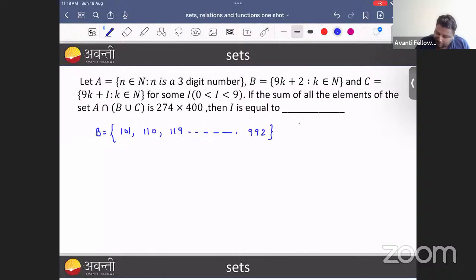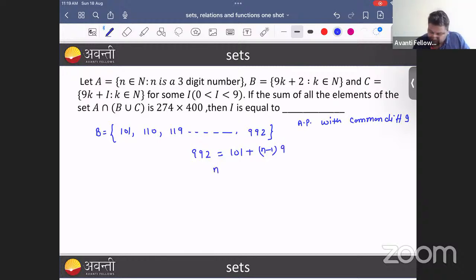So this is an AP with common difference 9. 101, then 110, then 119, and so on up to 992. So total number of terms in the sequence will be: 992 is 101 plus n minus 1 into 9.